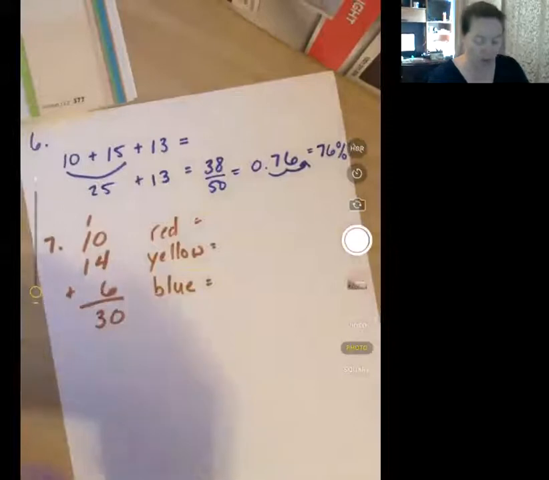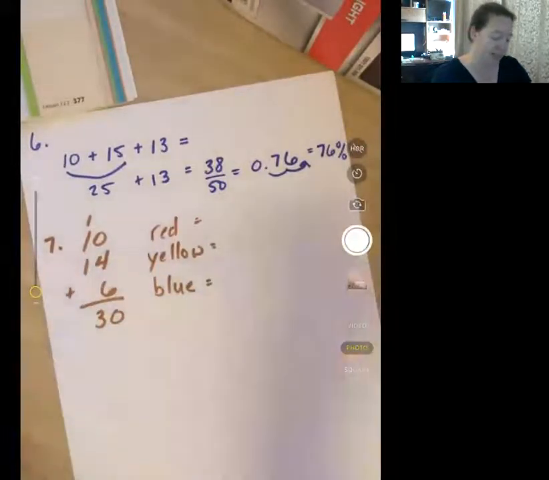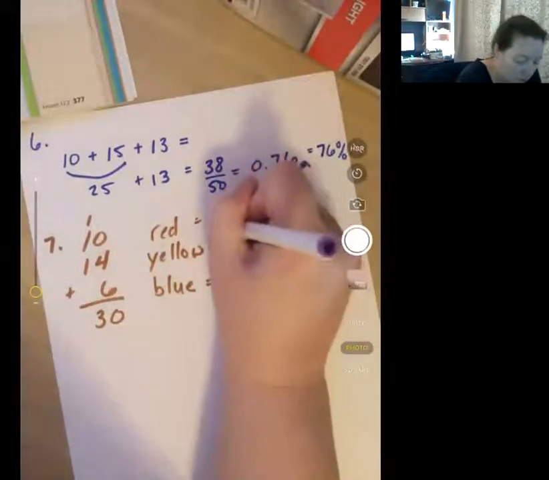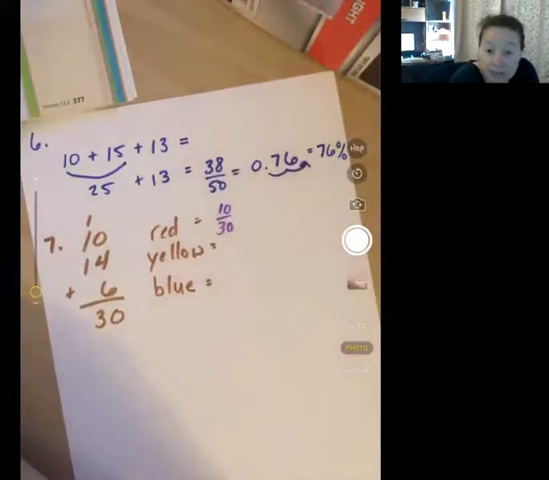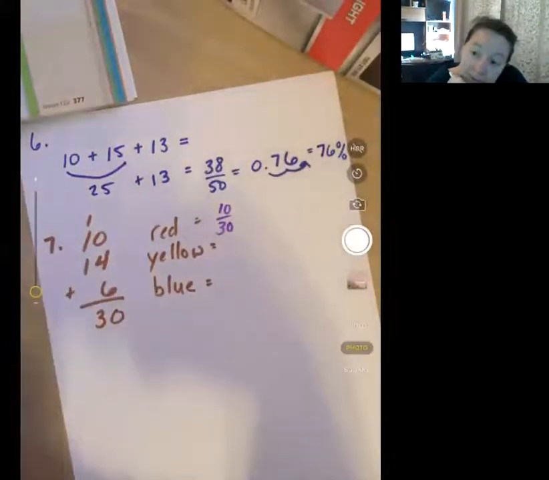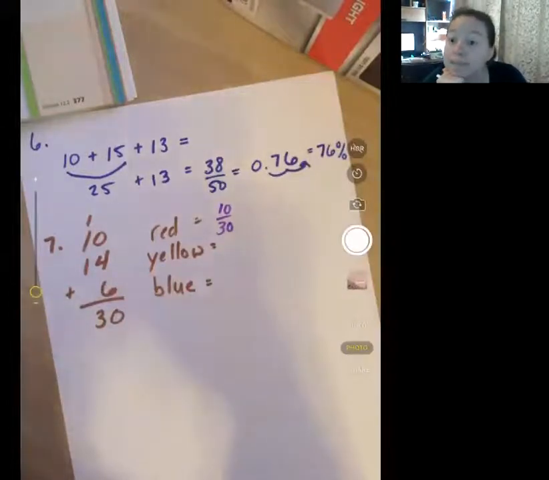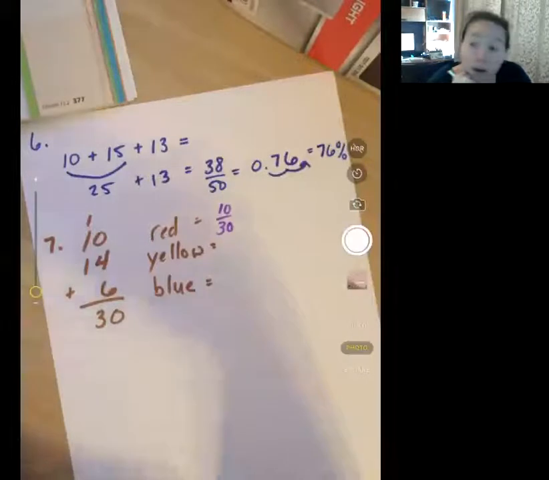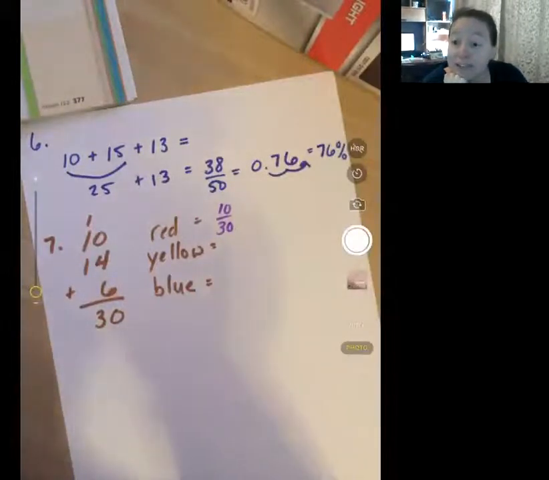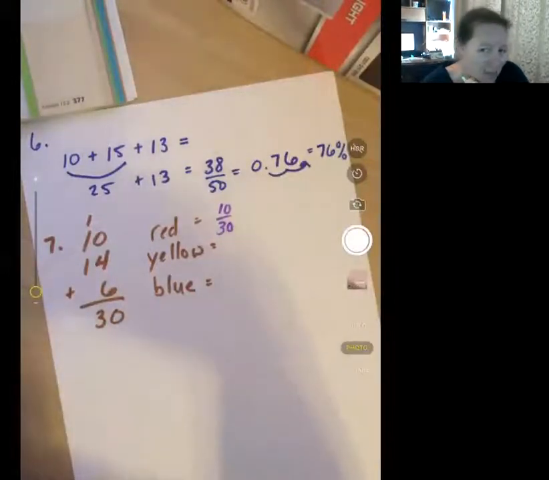So red is going to end up being the 10 over the 30. Now I can look at that and I can go, oh, they're both even. I can take out a 2. Or I can look at it and go, oh, they both end in a 0. I can take out a 5. Or I can take out a 10.